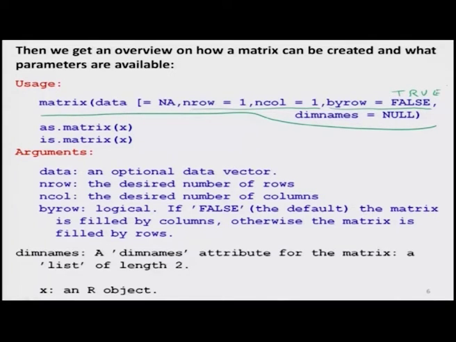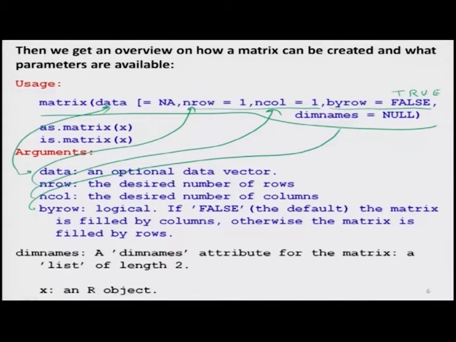Else, if you want to arrange your data column wise, then you make by row equal to false, and that is the default also. And it gives all sorts of details: what is the meaning of data, what is the meaning of nrow, what is the meaning of ncol, and what is the meaning of byrow.